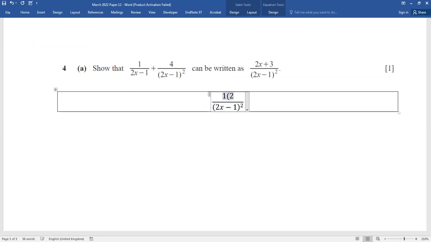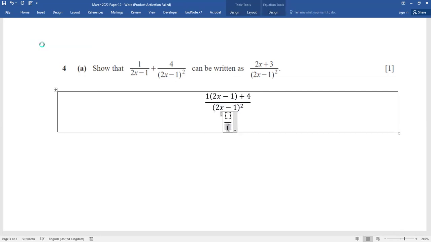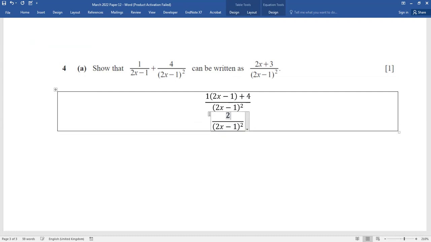So 1 will multiply by 2x minus 1 and 4 will be as it is. Yes, sir. So 2x minus 1 squared, and 2x minus 1 plus 4 is plus 3. Makes sense? Yes, that makes sense.